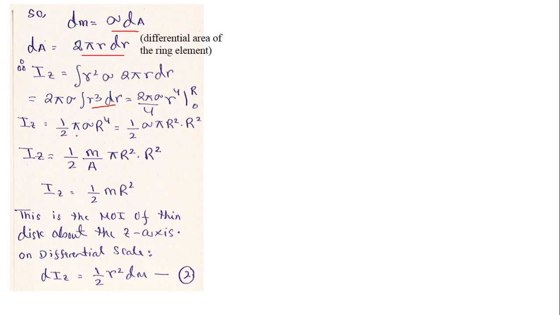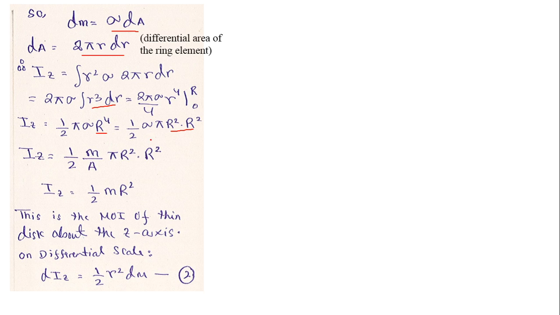So we have half pi sigma R4, because this R will become this R4, and this gives us half pi sigma R square into R square.